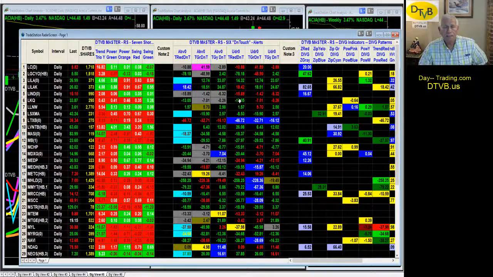Because unlike the radar screen, which is basically live, when those box colors are changing, that's a live situation that we have. The scanner, when you analyze the scanner, it works off of a closed candle. So for example, if you're examining something at the end of the day after the market closes, you're picking up the closed candle of that day on a daily chart. If you run that scan during the hours that it's open, you're picking up yesterday's information.